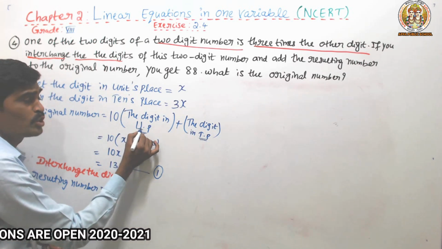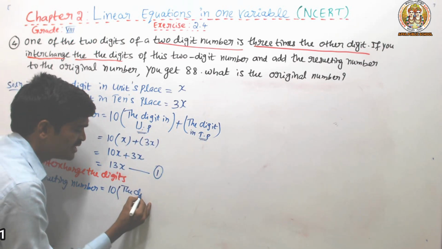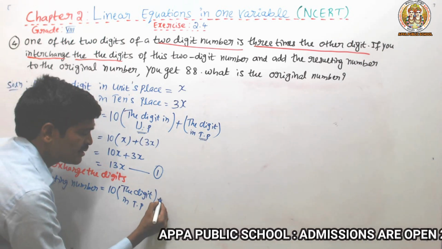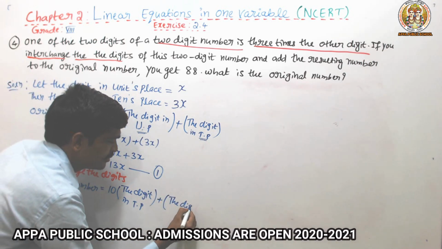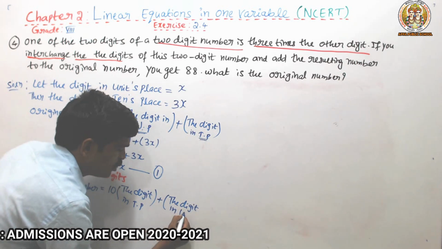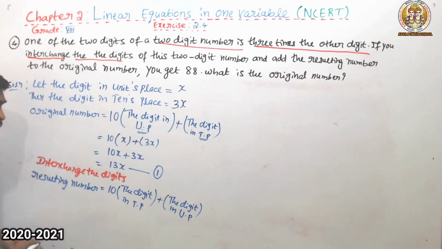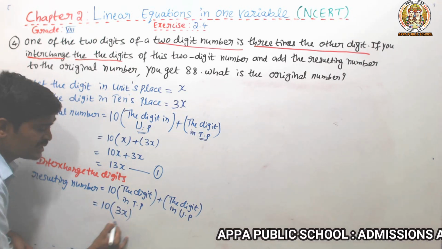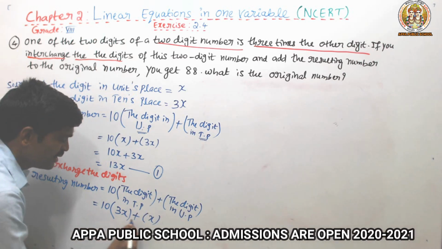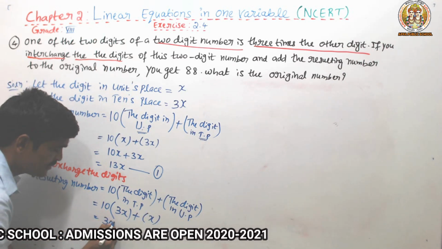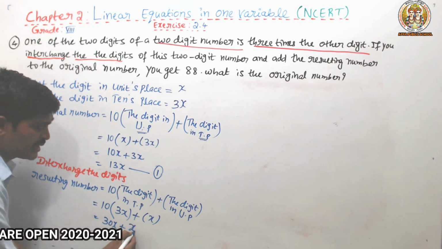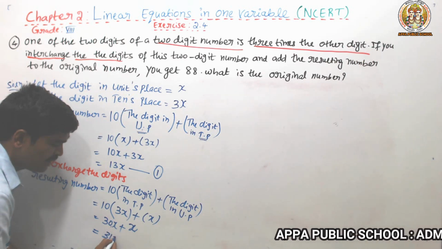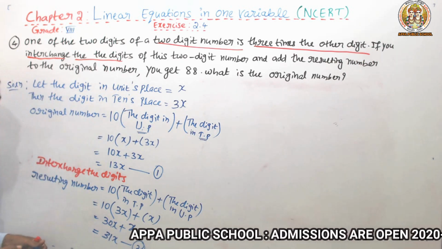So 10 times the digit in TP plus the digit in UP. Substitute the values: tens place 3x, plus unit place x. 10 into 3 is 30x, plus x keep as it is. So 30x plus 1x should be 31x. You can say that equation number 2.